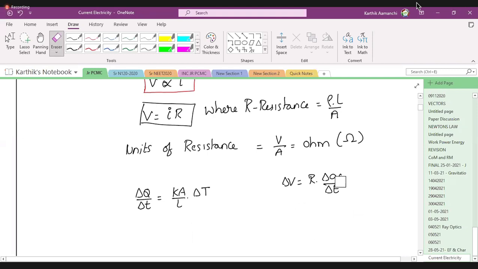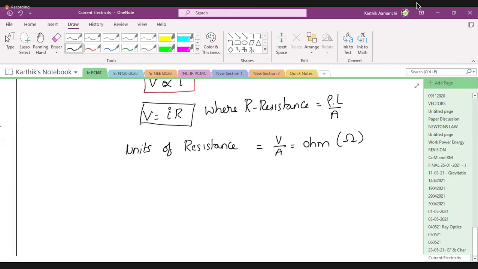Not only this, where else did we study this kind of thing? Sir, in solids. Newton's law of cooling. Where is it? Fluid mechanics.